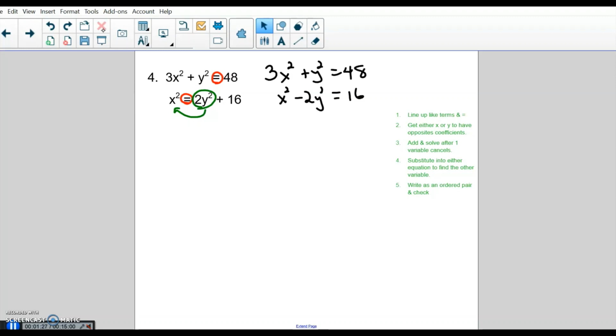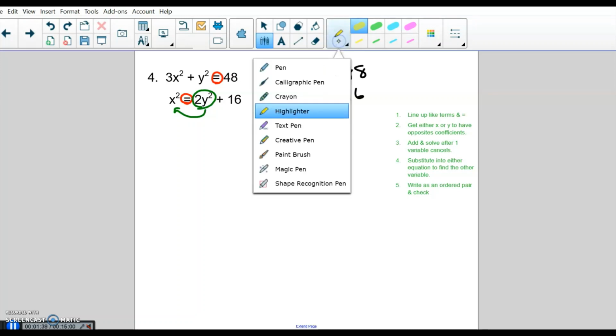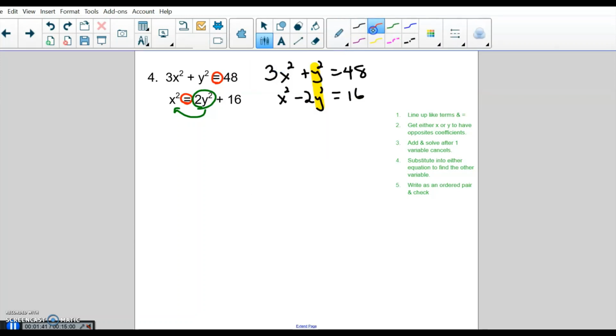To me, the y squareds are the simpler one to get rid of because y squared is positive on the top and negative on the bottom. So if we multiply the entire top equation by 2, then we'll get a 2 right here, and those two y squareds will cancel out.